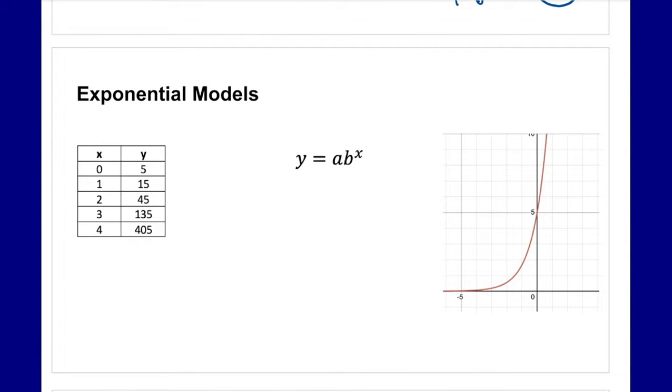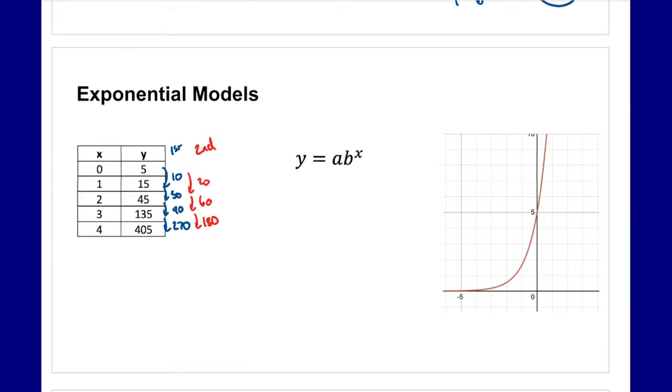Lastly, we have our exponential models. Again, looking at a table, we can go through and find the first and second differences. You see that the first differences aren't the same. If we look at the second differences, we can see that they're not the same as well.